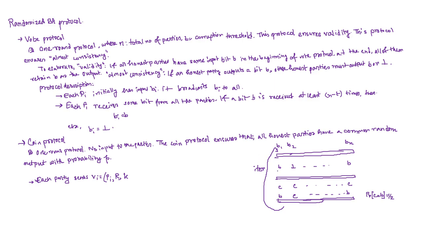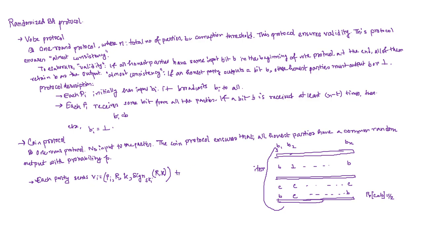So at the kth iteration, the coin protocol inside the kth iteration will take this value as k, and then a signature on these values.